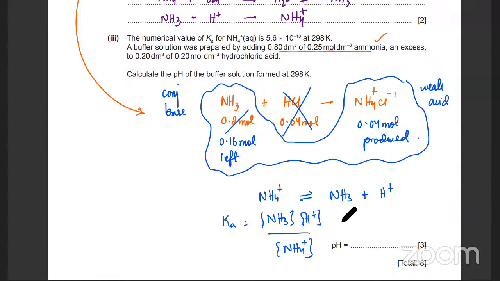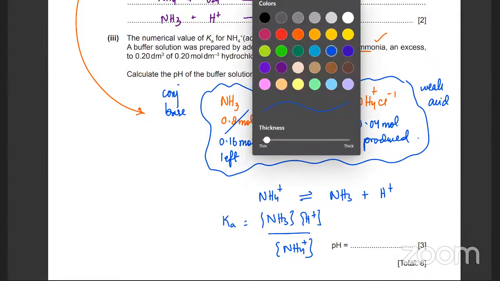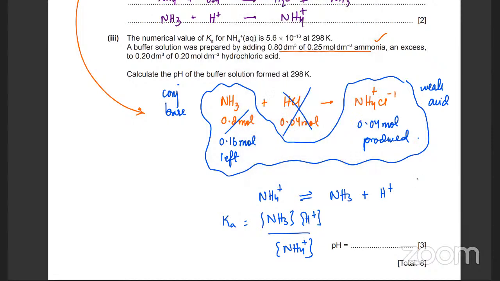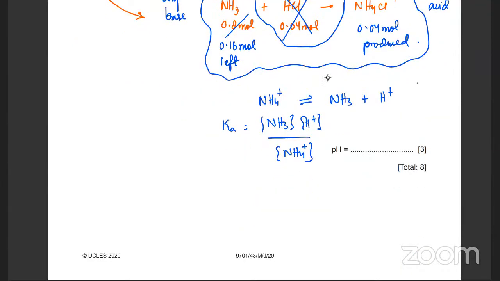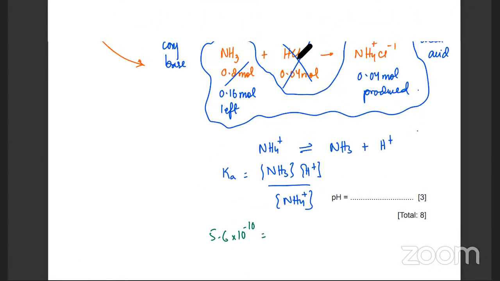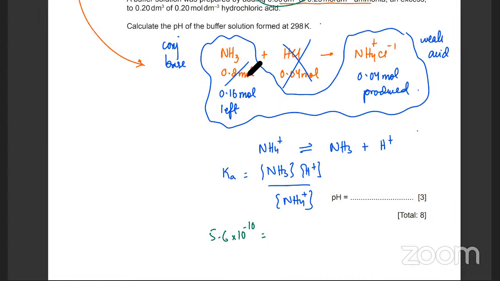So we have the Ka value. We pretty much have all the things now. We have the K value, which is given as 5.6 times 10 to the minus 10. And then you're given the concentration for NH3 as well, which is 0.16.